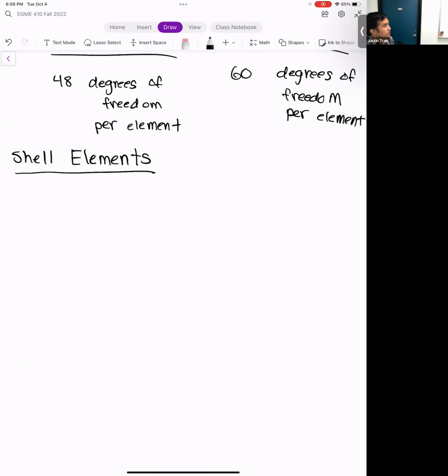And so a shell element is basically a 2D element. Okay, and so it's basically comprised of triangles and quadrilaterals. So we talked about that quite a bit. And the assumption here is that these are acting in three-dimensional space, and so they have a relatively small thickness. Okay?